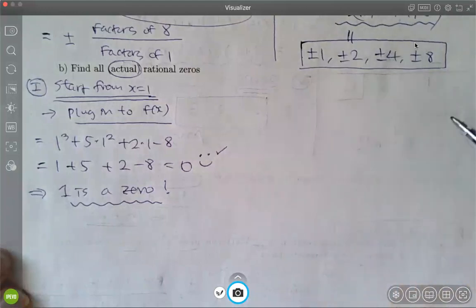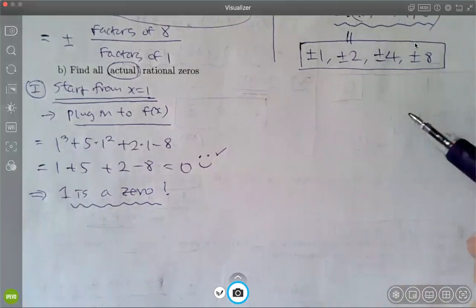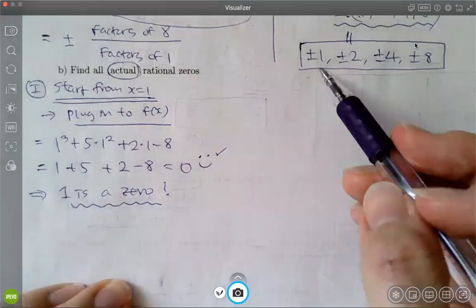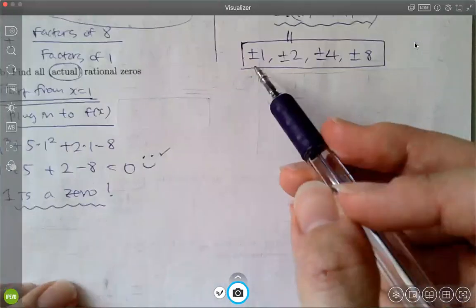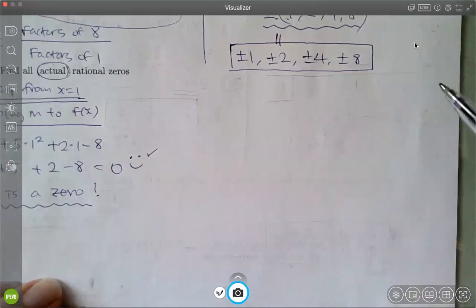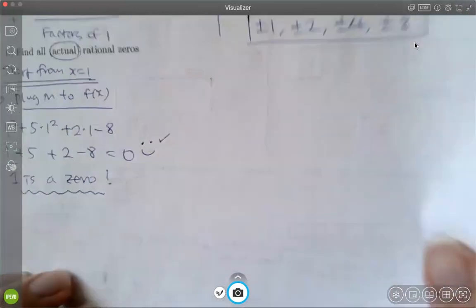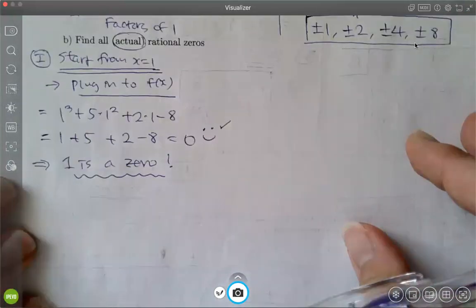You can do that, but the problem is you'd be plugging in numbers 8 times, and that's just too tedious. Is there any smart approach? Yes. Synthetic division.